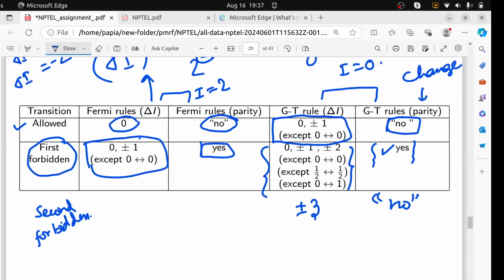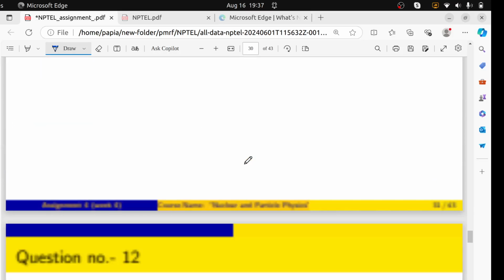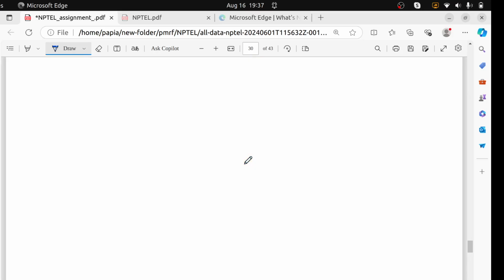See, delta I is plus minus 1, parity no change. It is allowed under the GT rule. So whatever the rule is, Fermi rule or GT rule, irrespective of these rules, it is an allowed transition. So this beta plus is allowed by Iπ consideration. So now maybe I am going again to that question.